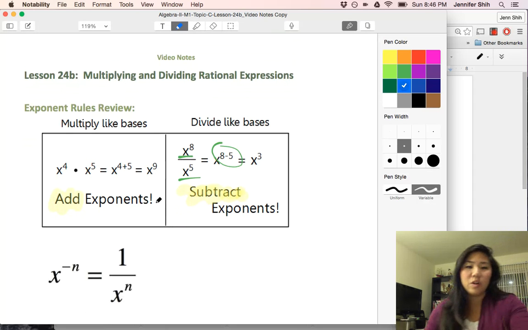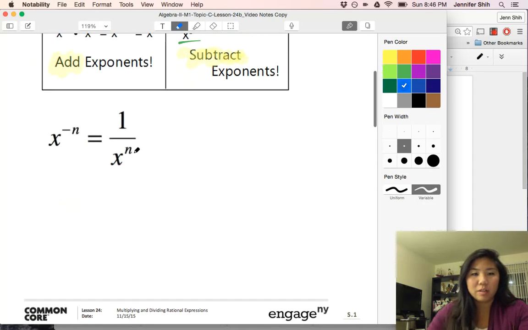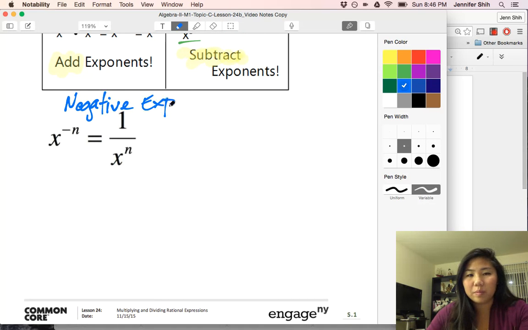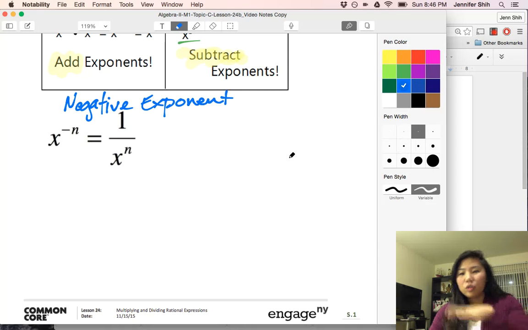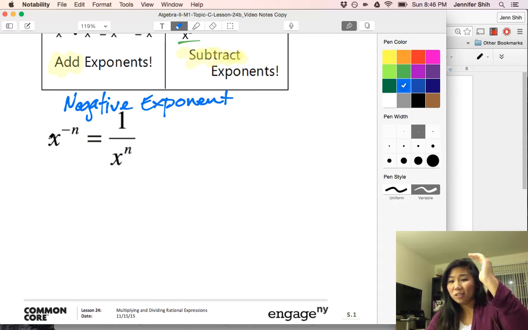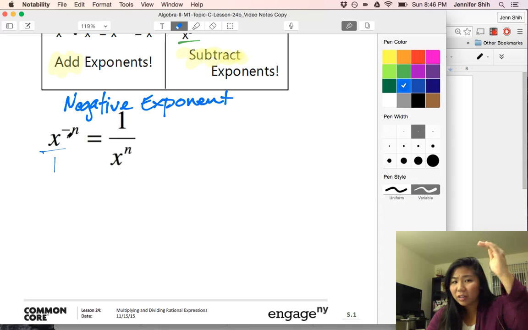Sometimes you're going to come across something that looks like this, and that is a negative exponent. The shortest way to describe a negative exponent: if it's upstairs, you're bringing it downstairs. So if the negative exponent is in the numerator, then you're bringing the entire term, the factor that it's attached to, to the denominator.